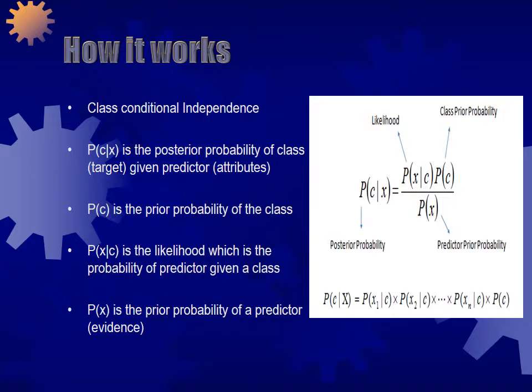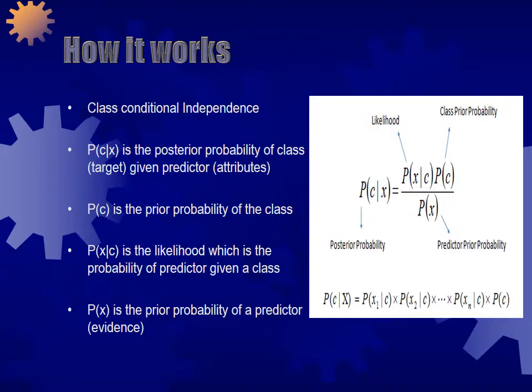Let's look at Bayes' theorem. There's going to be four major components to it: the probability of the likelihood, the probability of the class prior, the probability of the predictor prior, and the probability of the posterior. On the right-hand side of the equation, we have the probability of the likelihood of an event, that's x given c, multiplied by the probability of the class prior, and then you take that all and divide it by the probability of the predictor prior.